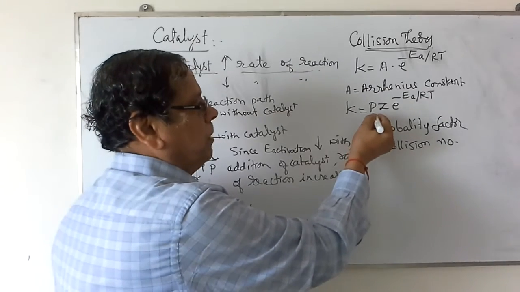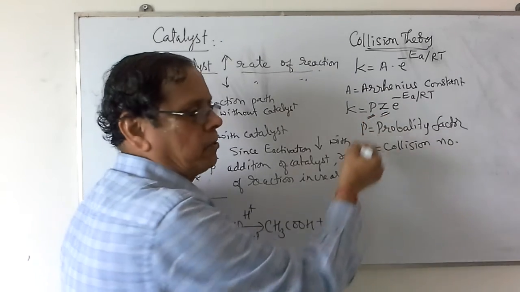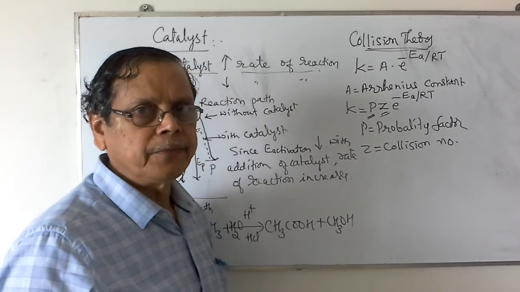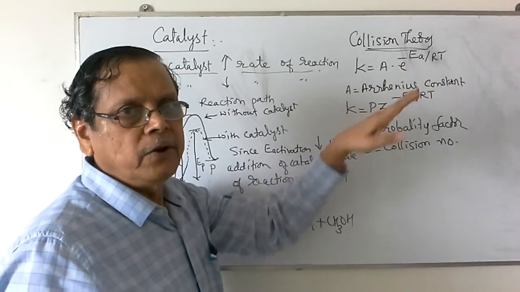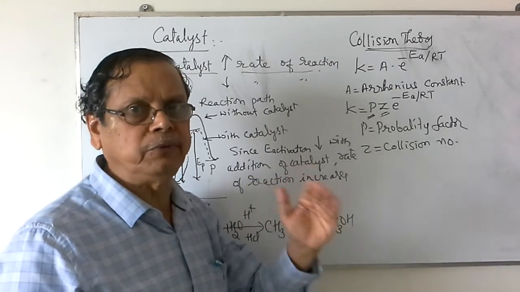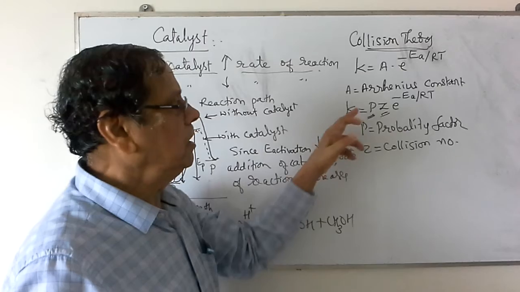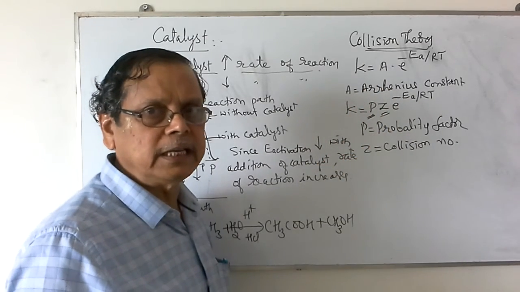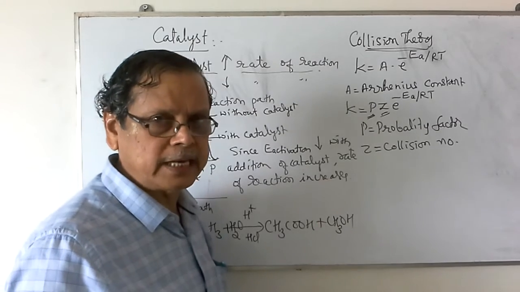Since a suitable orientation is required for a fruitful collision between the molecules, to understand this collision theory: when a reaction takes place, it takes place due to collision between the molecules. When the collision is effective, only then does it result in an increase in the rate or an effective reaction.